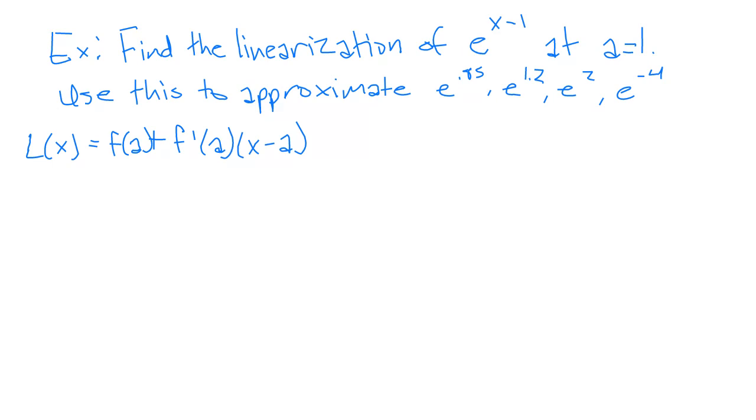We know a is 1 and f of x is e to the x minus 1. So let's plug in f of 1, and that's going to get us e to the 1 minus 1, which is equal to e to the 0, which is equal to 1. Now let's find our derivative and our derivative at point A.